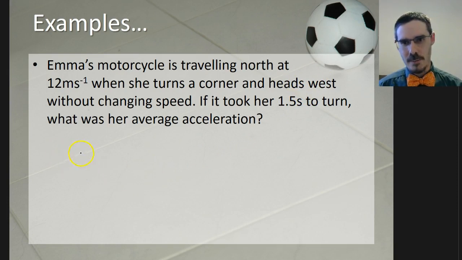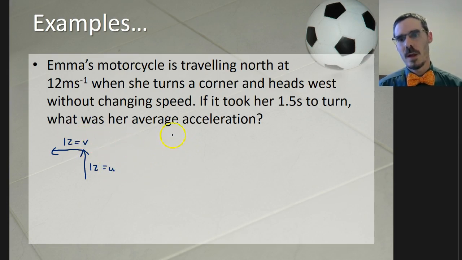She's going north at 12, and then she goes west at 12. This is u, and this is v, initial, final. But what I have to do is v minus u over time.